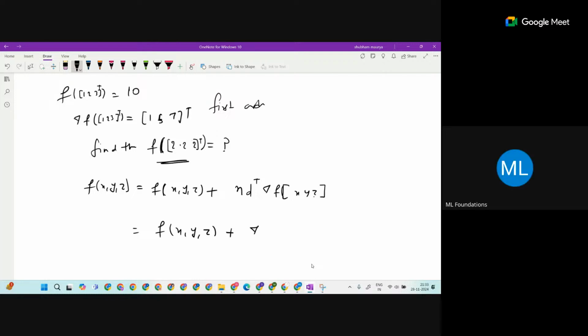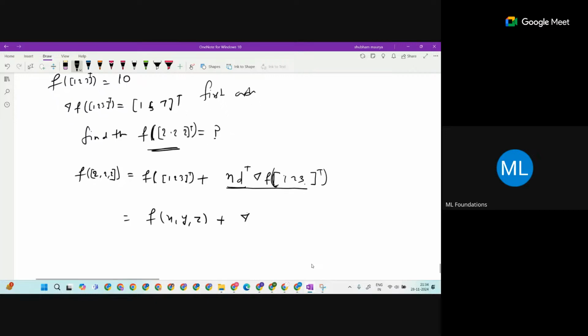This is not going to be x, y, z. For our case it is (2,2,2). This is going to be the value at (1,2,3) transpose, and this is the part we want to know. So here is going to be (1,2,3) transpose. Let me write my case first.